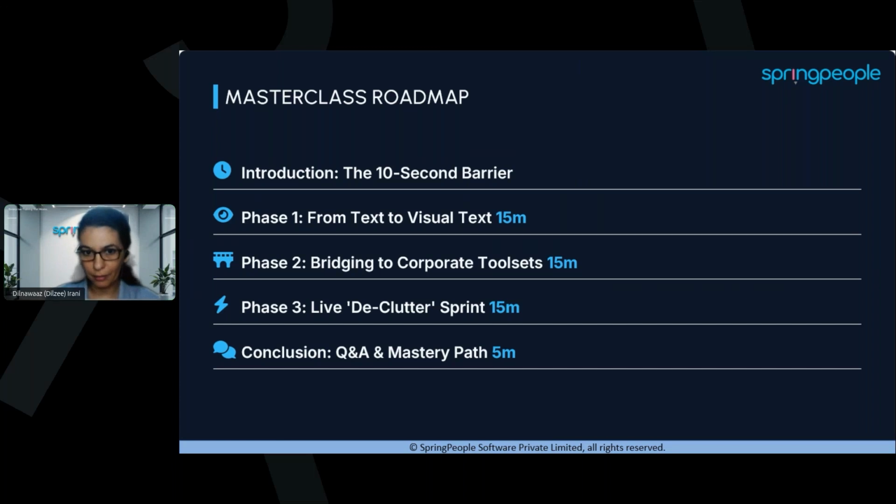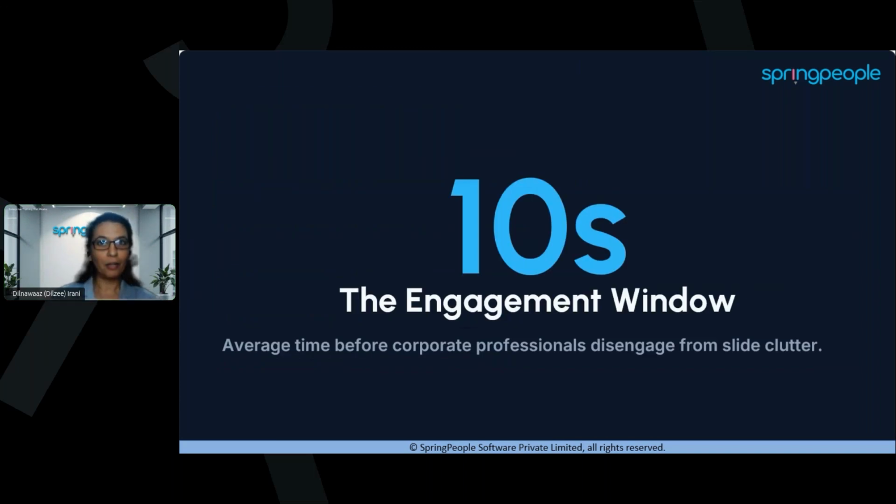So when we jump into looking at presentations, think about a typical day. Think about you running on back-to-back calls. You're jumping from one meeting to another to another. And throughout all of this, you're suddenly pulled into a session where a presenter is sharing a slide packed with a lot of details.